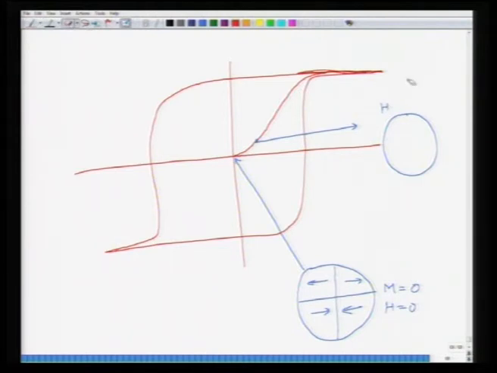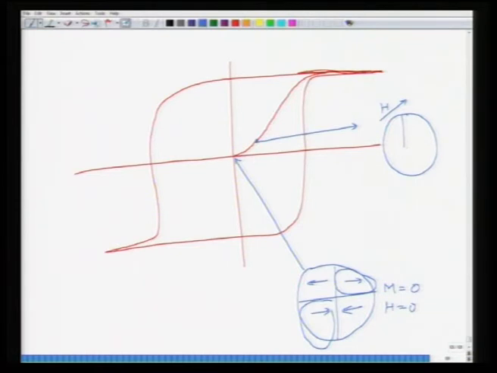Okay. So, let us say the field is in this direction. So, what happens here is, if the field was in this direction, then the most favorably oriented domain was this domain and this domain. Okay. So, what happens is these domains grow at the expense of these other domains.